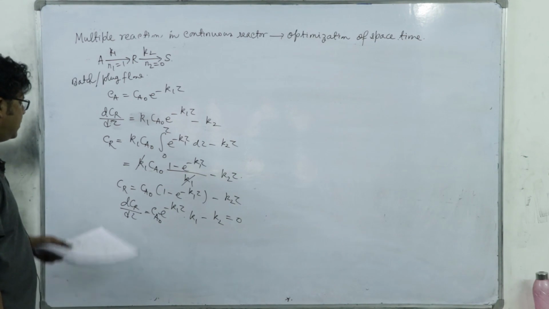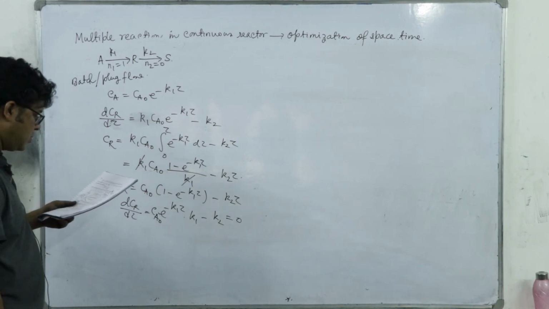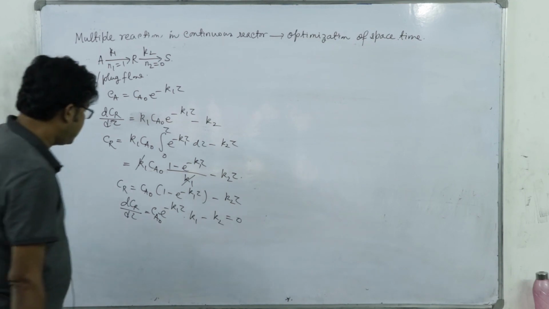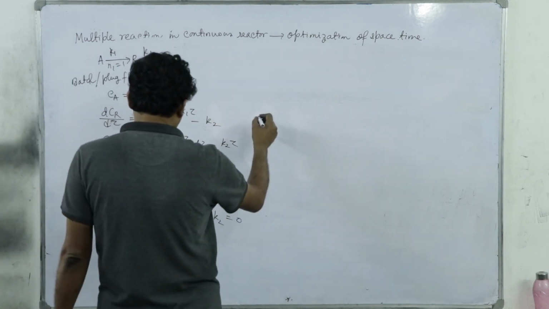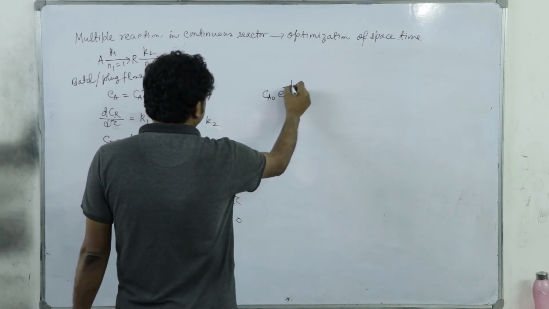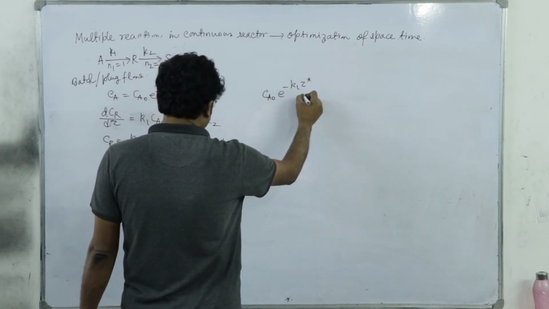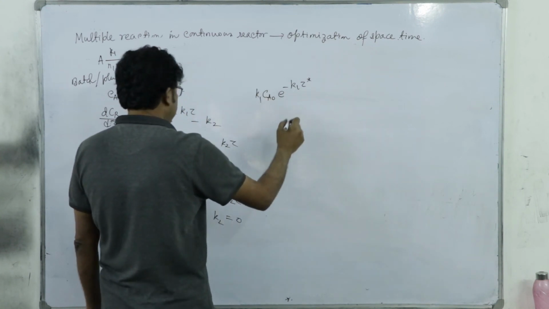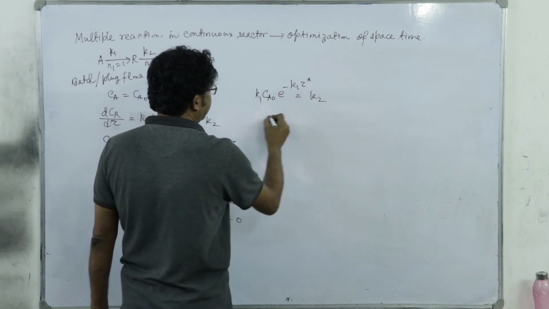So you see, Ca naught into e to the power minus K1 tau optimum into K1 here, equal to K2.